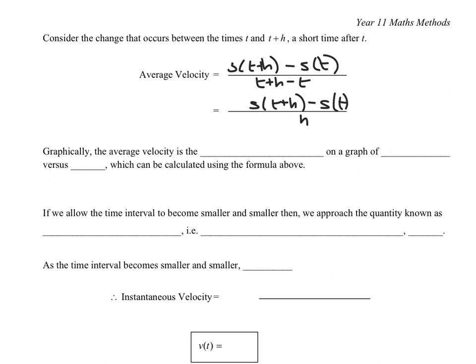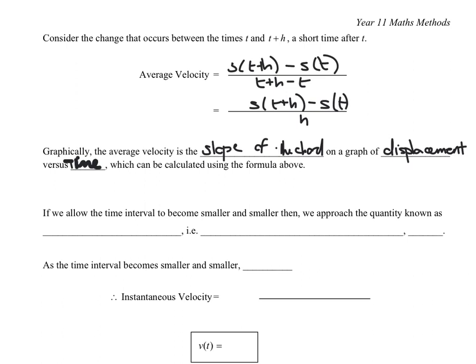If you're talking about average velocity, that's simply the slope of the chord on a graph of displacement versus time, which we can calculate using the formula that we just talked about.